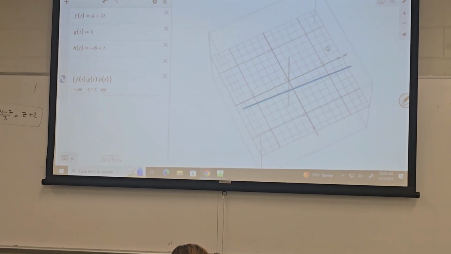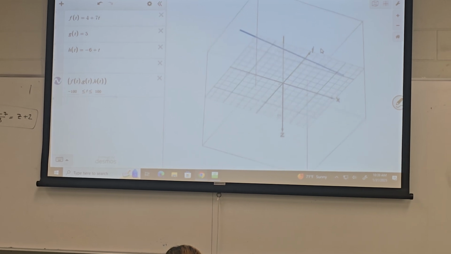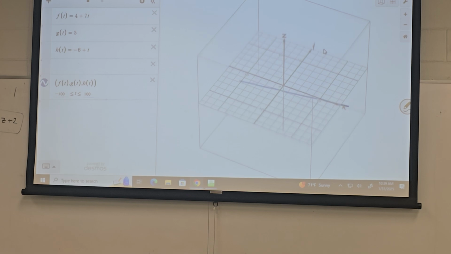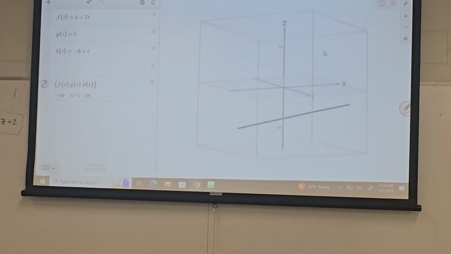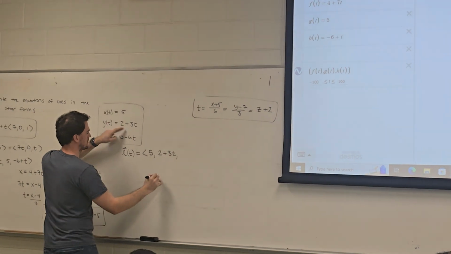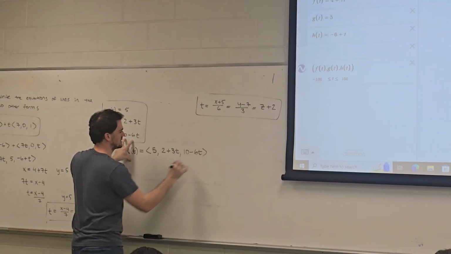So now if I have this parametric form, then I can write my vector component form to be 5, comma, 2 plus 3t, comma, 10 minus 6t.